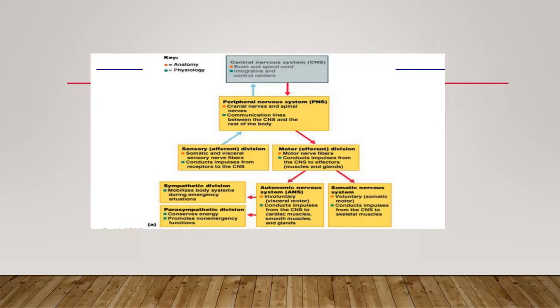Sympathetic and parasympathetic is not in your syllabus now, but sensory and motor, that is afferent. Afferent means that which is going, and efferent which is coming out. So afferent which is going to the central nervous system, and motor which is efferent, meaning which is coming out of the central nervous system.